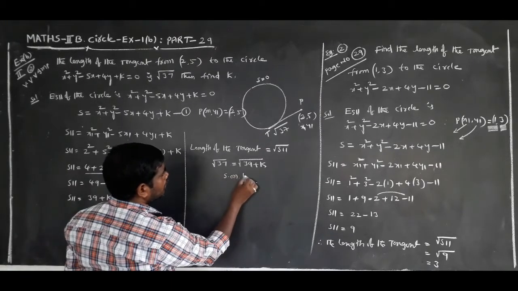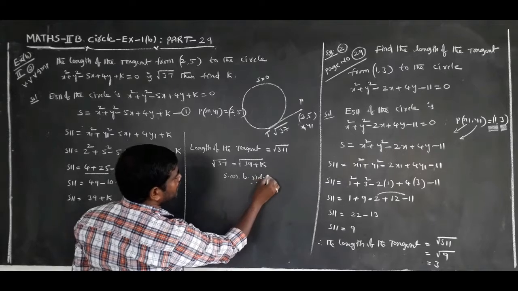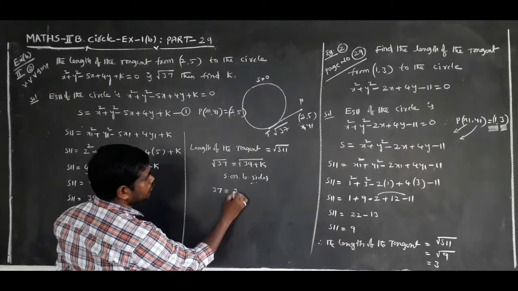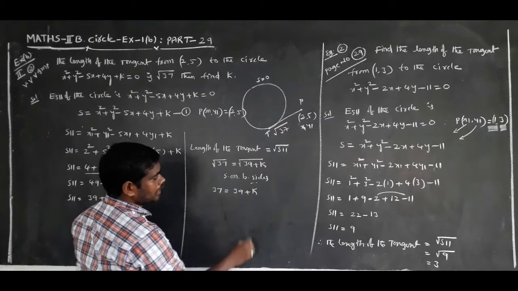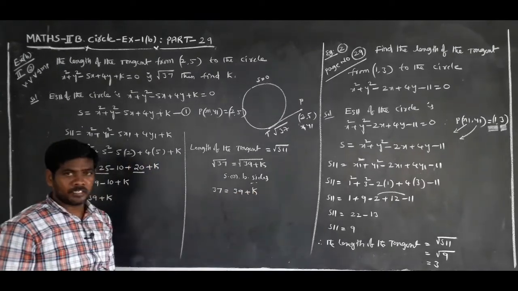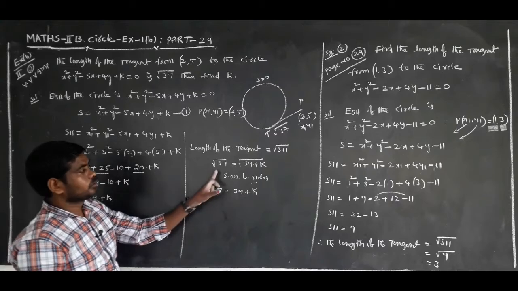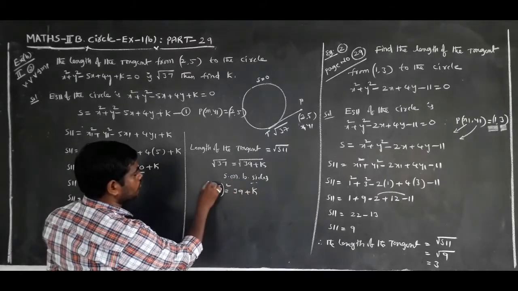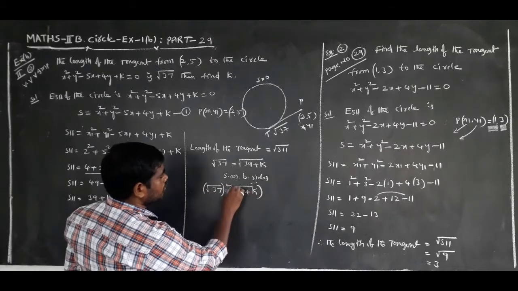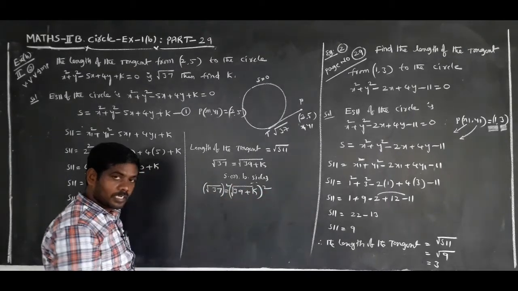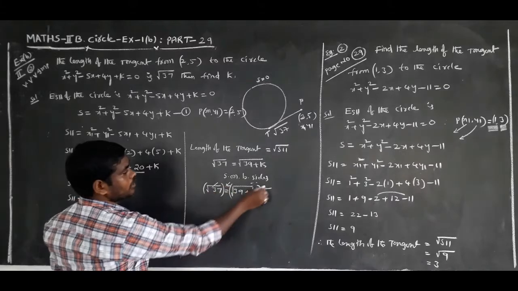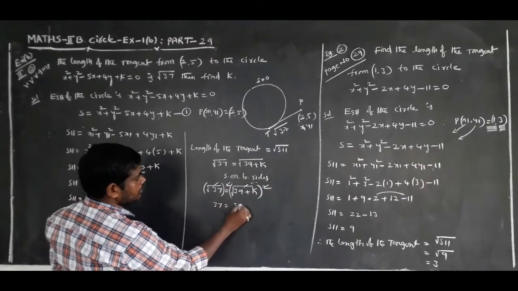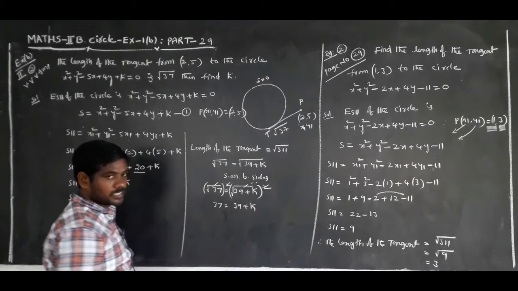Squaring on both sides, root 37 whole square is equal to root of 39 plus k whole square. The square roots cancel. 37 is equal to 39 plus k.